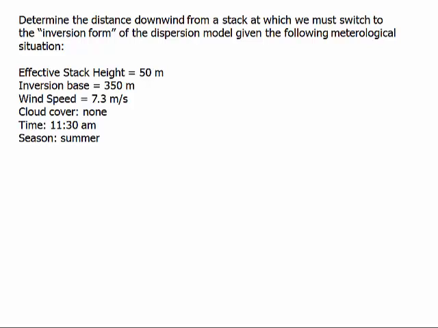The problem statement says, determine the distance downwind from a stack at which we must switch to the inversion form of the dispersion model given the following meteorological situation. The first step will be to determine the stability class.